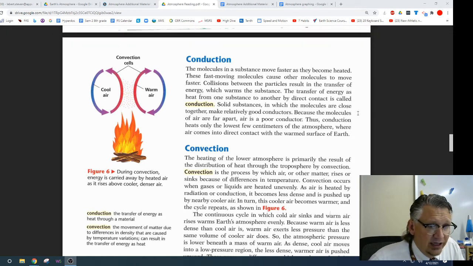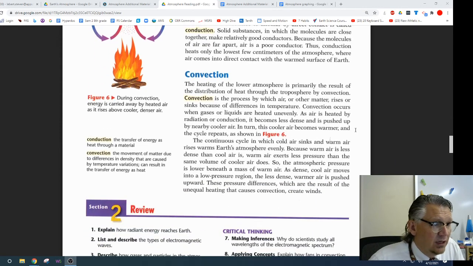Solid substances in which the molecules are close together make relatively good conductors, while the molecules of air are far apart, so air is a poor conductor. Thus, conduction heats only the lowest few centimeters of the atmosphere, where the air comes into contact with the warmed surface.